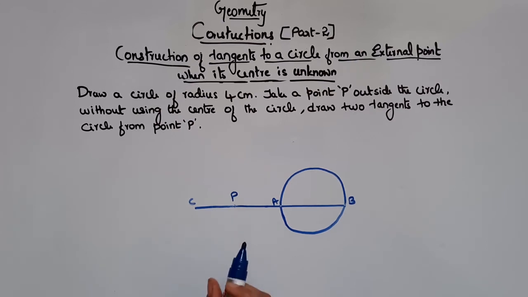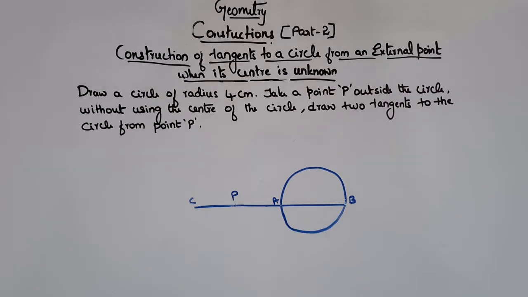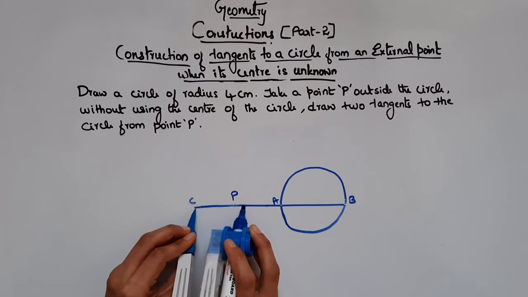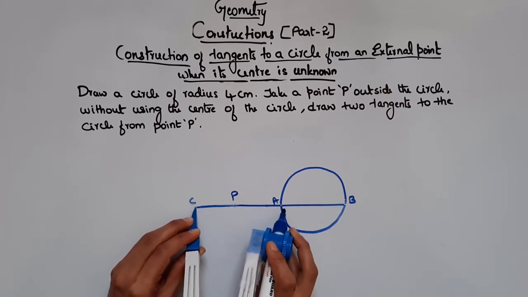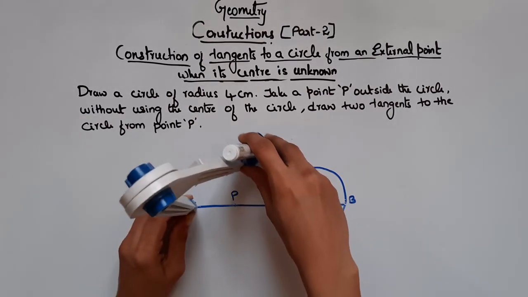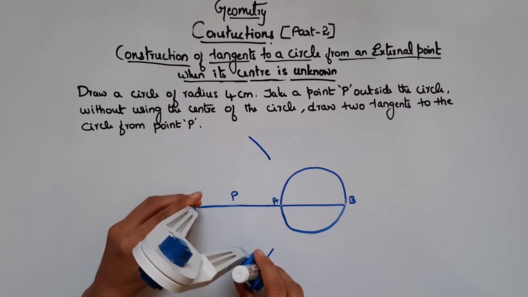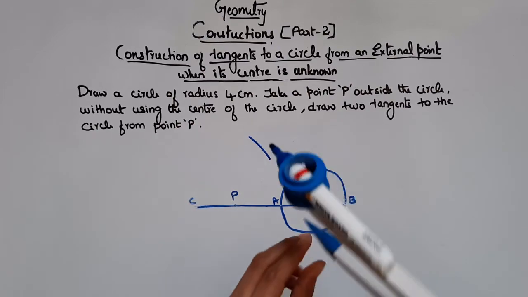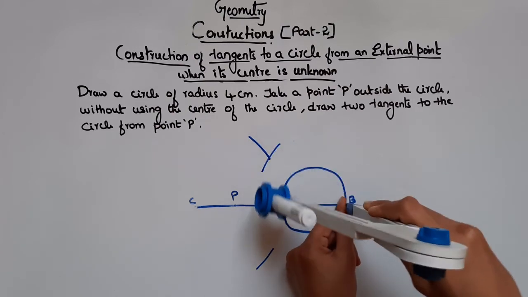Now you will take the perpendicular bisector of line CB. For that you will take your compass, place your compass at point C, take any length more than half of CB and draw an arc like this. Same length, now you will keep your compass at point B and cut this arc.